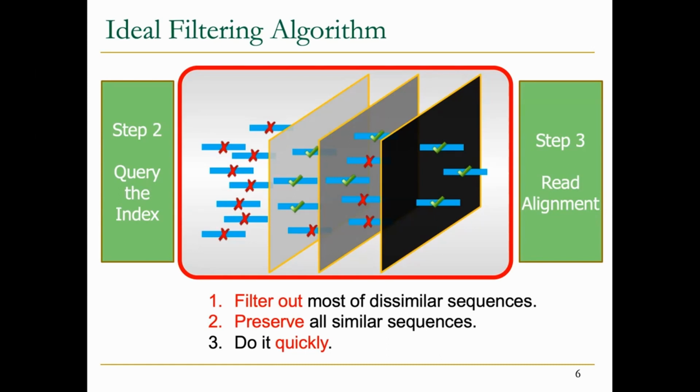They cannot give you the full alignment results or the correct read mapping results as if you do a brute force algorithm where you map to every location and then you examine the one with the better alignment score or the least edit distance, for example. And the main idea here is to do it quickly. Why do we need it quickly? Because this is the goal, to reduce the overall execution time of read mapping.